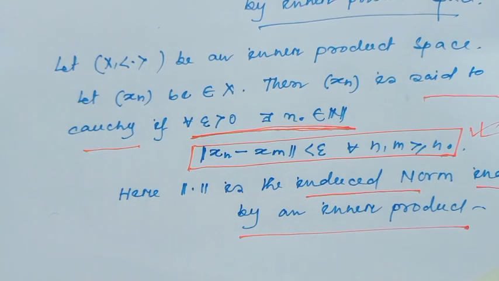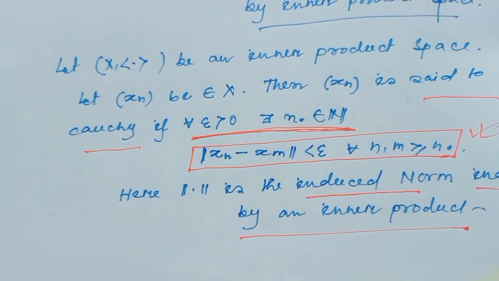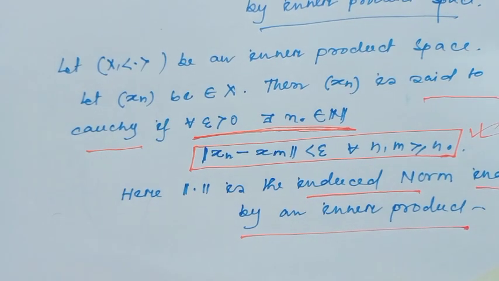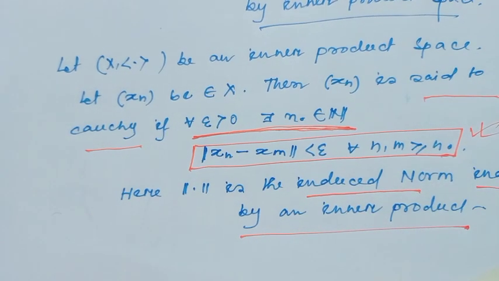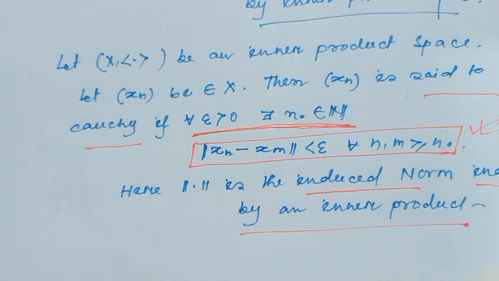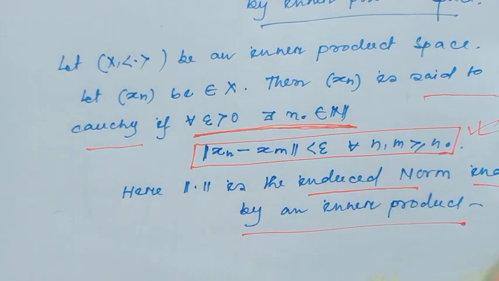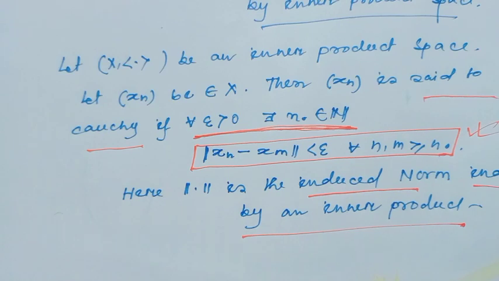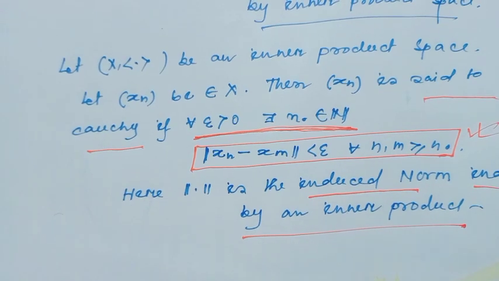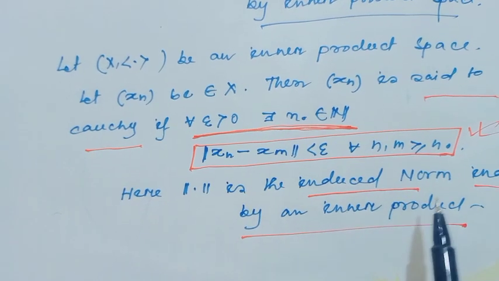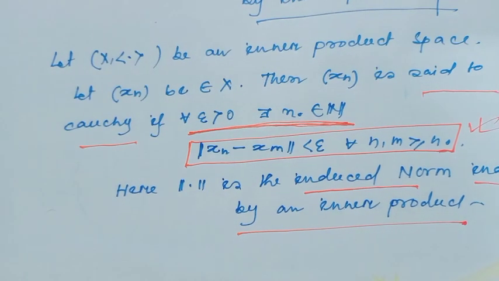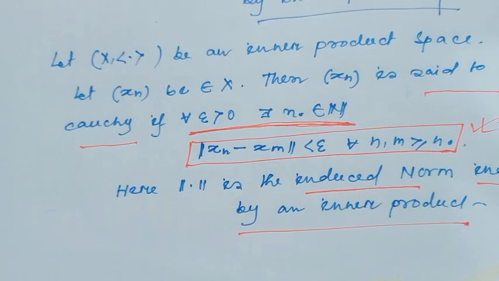And a Hilbert space means this is a complete inner product space. That means every Cauchy sequence here converges, and this is the induced norm, which is induced by an inner product. Now let's see some examples of Hilbert space.